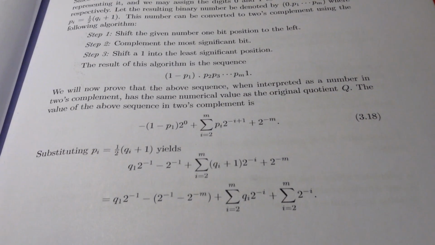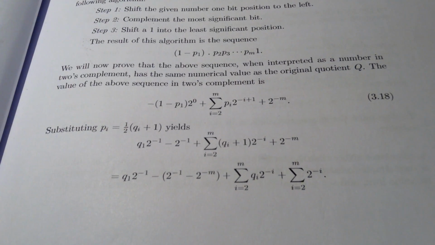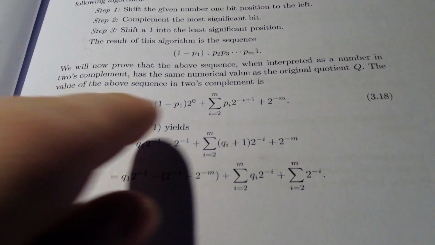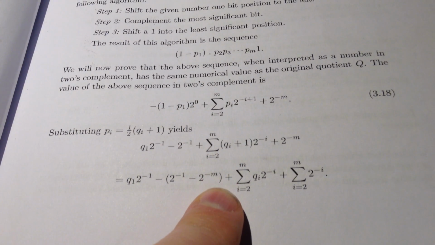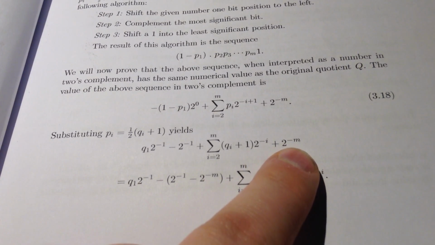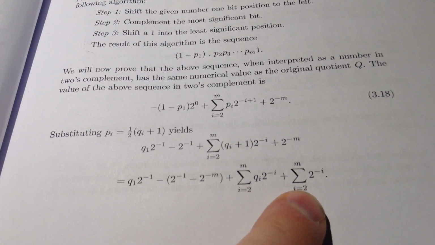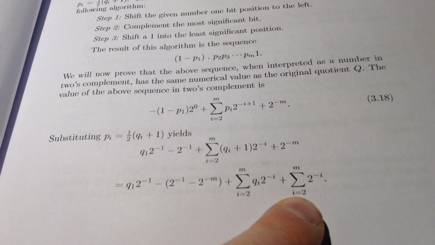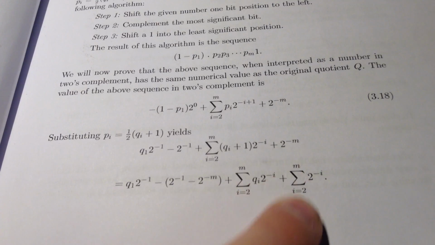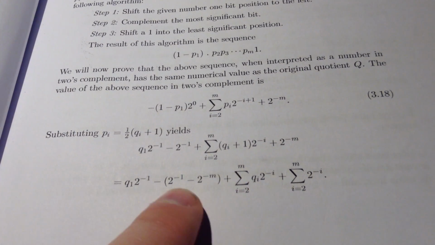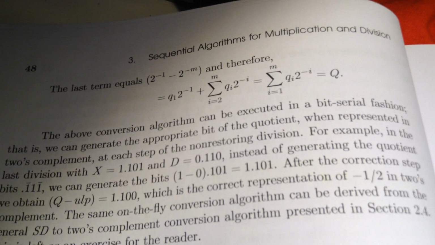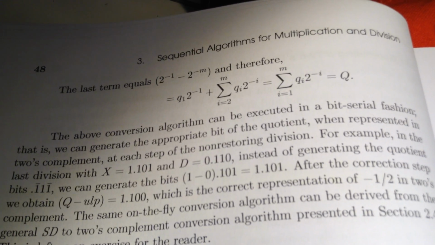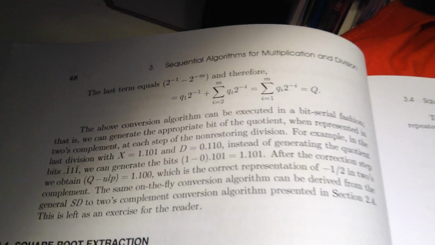But then I'm looking at the proof, and I'm a bit puzzled. I can get down here, but for me it's very tempting to put this 2 minus 1 into that index, which you can see goes from 2 to m instead of 1 to m. So for me that was very tempting, but no. What the book says instead is that the last term equals 2 to the minus 1 minus 2 to the minus m.